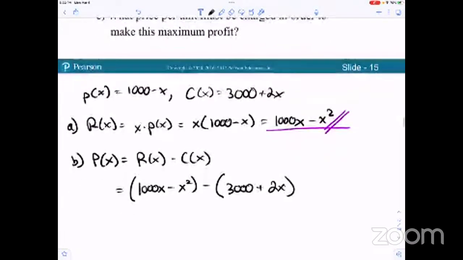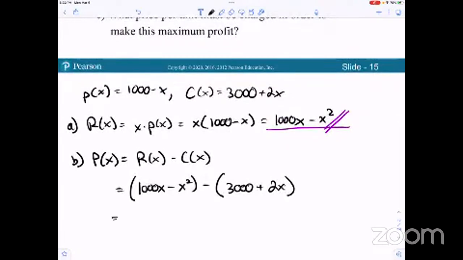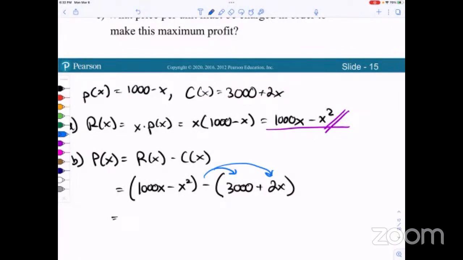Then we just want to simplify, distributing this negative and combining like terms. That gives us 1,000X minus X squared minus 3,000 minus 2X.